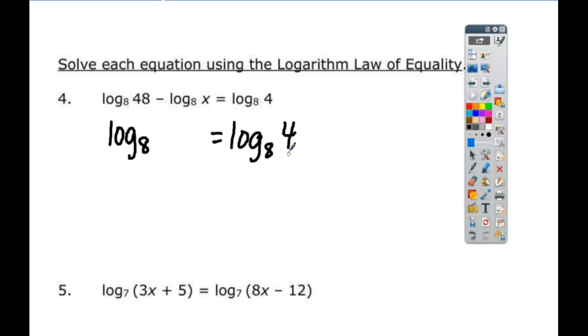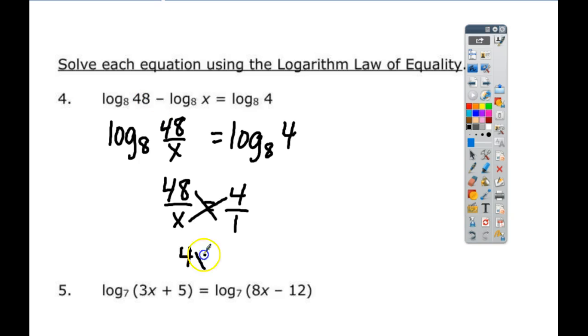Divide. So I have 48 over x. And so can I set this equal to this now? I'm going to put a 1 under it so I can cross multiply. And so when I cross multiply, I get 4x equals 48. Divide by 4. So x is 12.